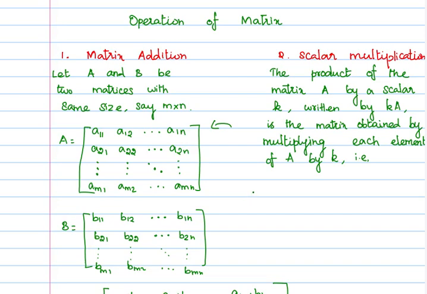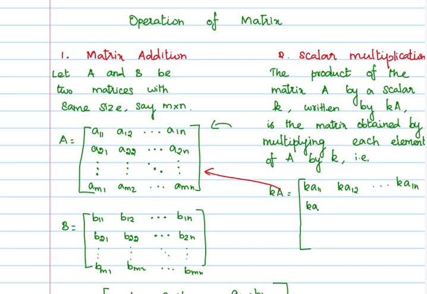Suppose I have the matrix kA. This one is my A matrix. So kA means I want to multiply each entry by the scalar k: ka11, ka12 and so on, ka1n.